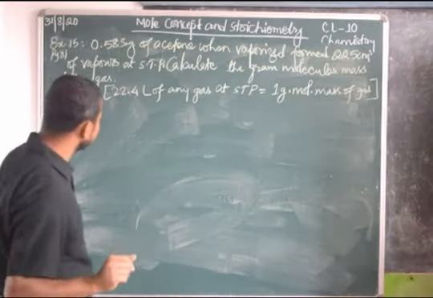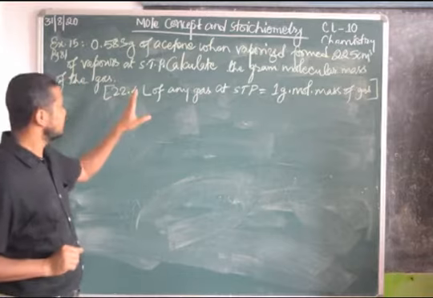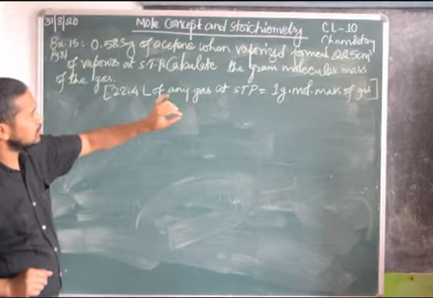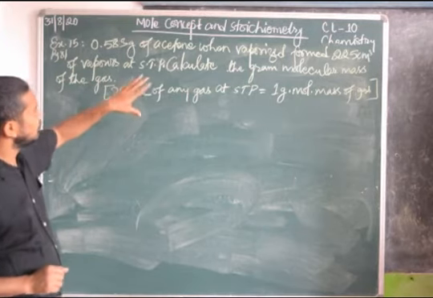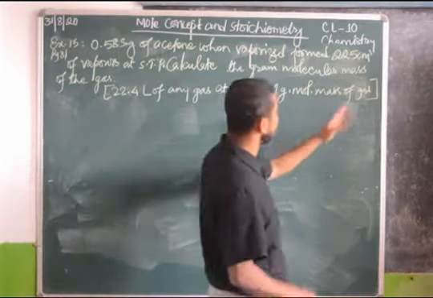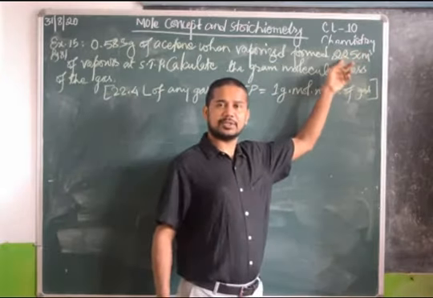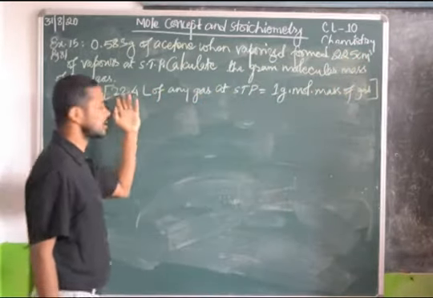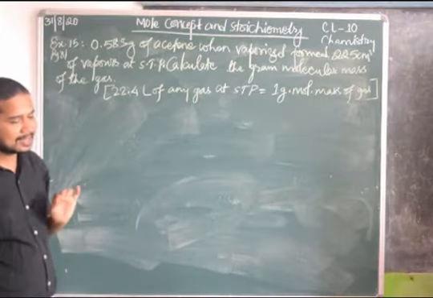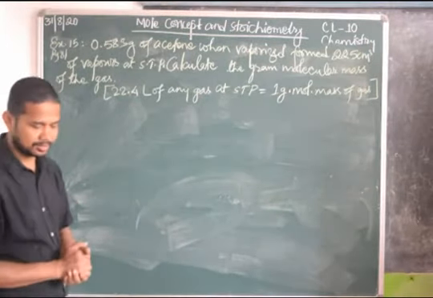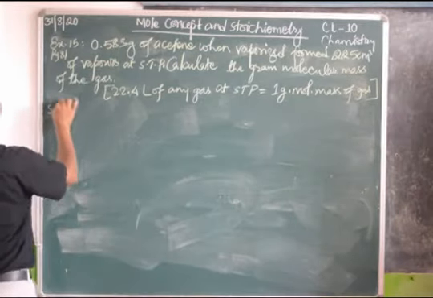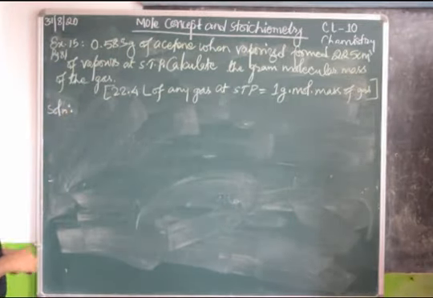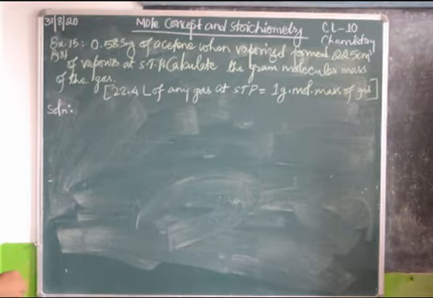So here you will be using this concept. 22.4 liter of any gas at STP is 1 gram molecular mass of gas. But here you are given the volume of gas in centimeter cube. So make sure that you convert this liter into centimeter cube, and then you will be getting the answer. So let's do this. So what is given here? 0.583 gram. Okay.